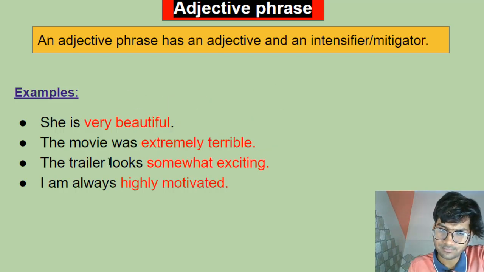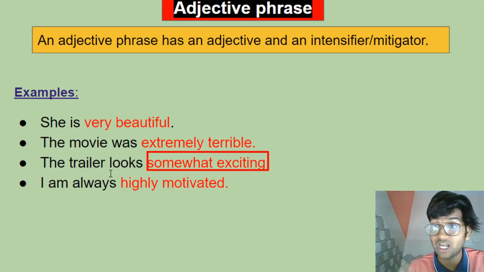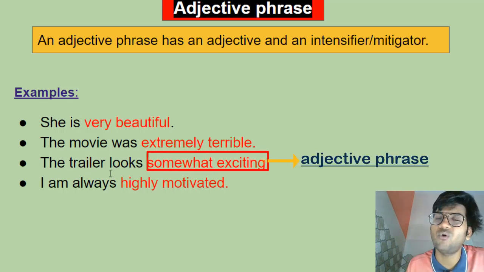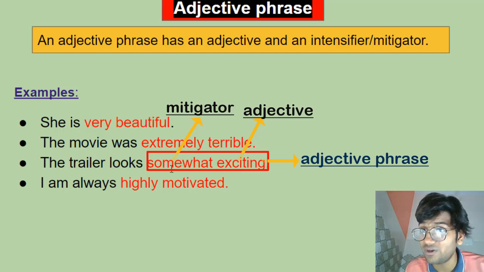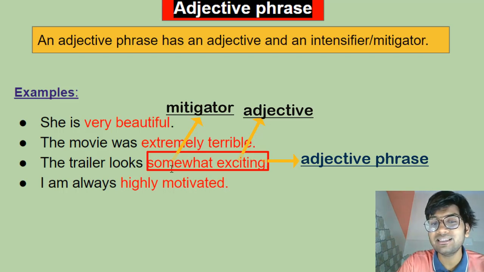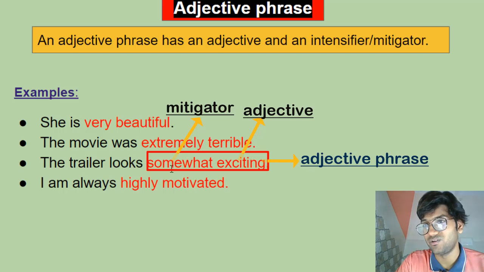Intensifying its meaning. The trailer looks somewhat exciting. The trailer looks how? Somewhat exciting. Adjective phrase, exciting, a present participle working as an adjective, right? Describing the subject trailer. How is the trailer? Exciting, somewhat exciting. Somewhat is a mitigator that's making the adjective less strong, right?